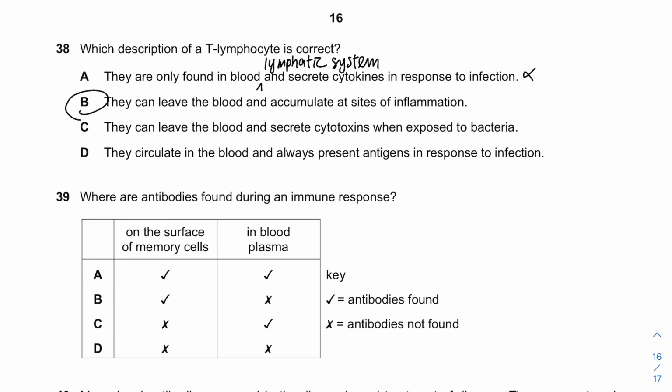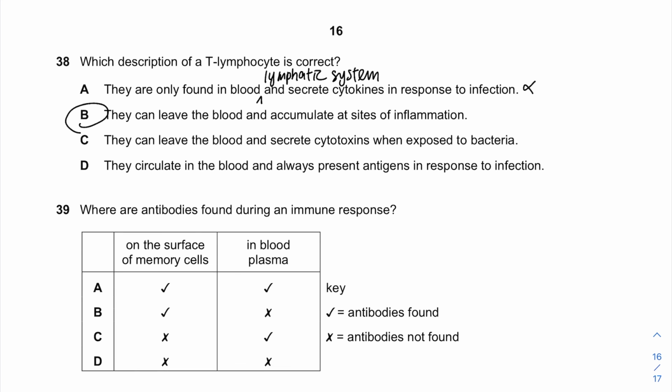They can leave the blood and secrete cytotoxins when exposed to bacteria. No, they don't really secrete cytotoxins. They circulate in the blood and always present antigens in response to infection. No, they don't always circulate in the blood. T lymphocytes are only produced upon exposure of antigen.